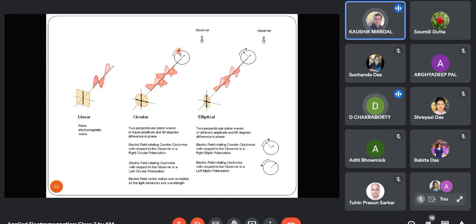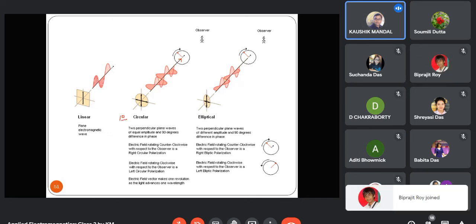From our aspect, suppose we are the observer. The wave is moving in this particular direction, and we are the observer, which means we are at this position. That means we are looking towards the direction of propagation.